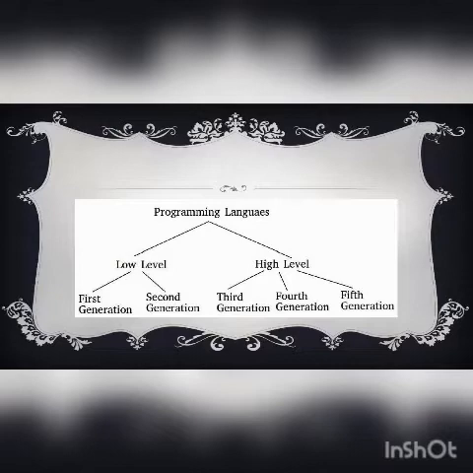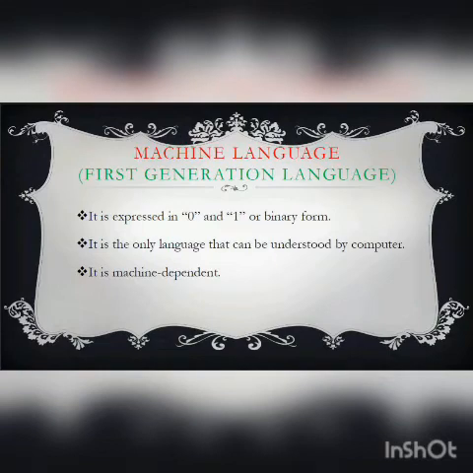So we are going to start with the first generation language, that is your machine language. These machine languages are expressed in 0 and 1. 0 means off and 1 means on. It is the only language that a computer can understand, and these are machine dependent.